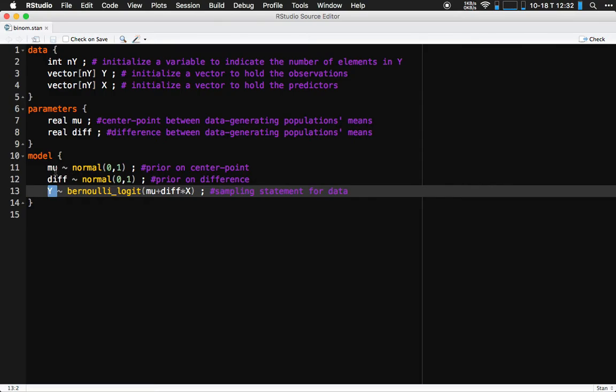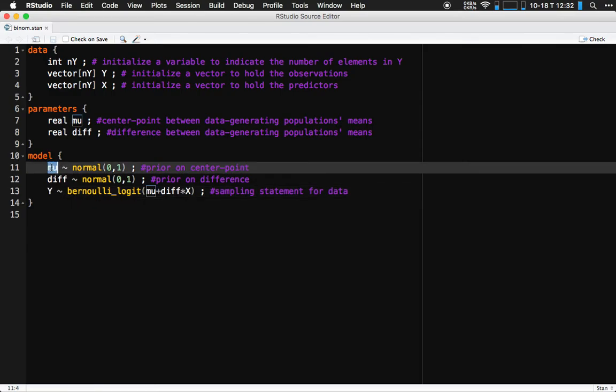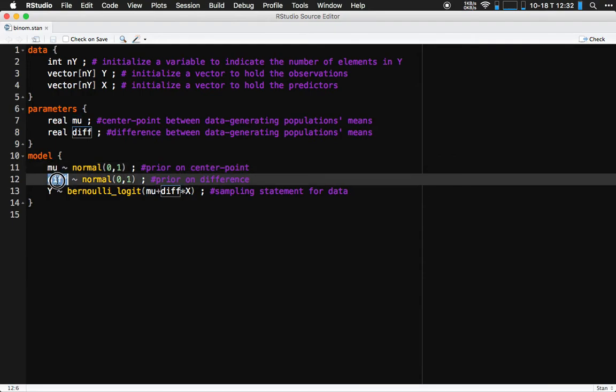So having that mu and diff parameterization, mu reflects what is the overall probability of death regardless of what group you're in. And diff reflects what is the effect that the grouping had, that is, receiving drug or a placebo, what is the effect that that manipulation had on the outcome.